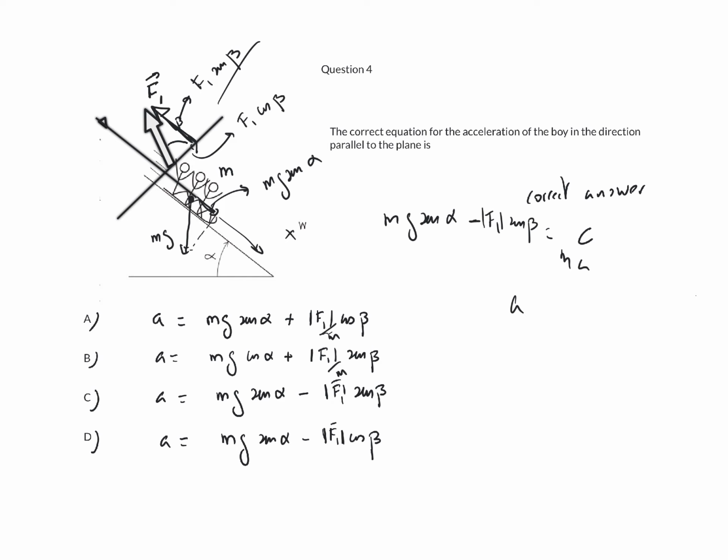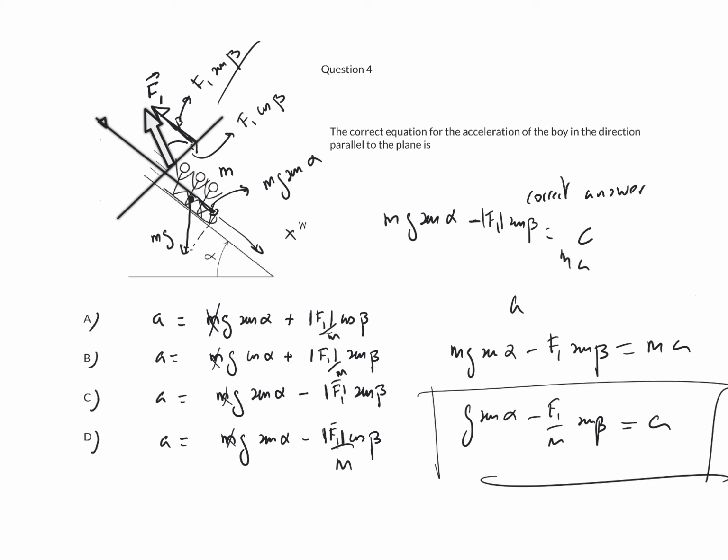If I divide by m, this m will disappear, and m will appear here. So the equation is mg sine of alpha going downwards minus F1 sine of beta going upward equals m times a. So the a, if I divide by m, is g sine of alpha minus F1 divided by m times sine of beta. So this is the value of the acceleration.